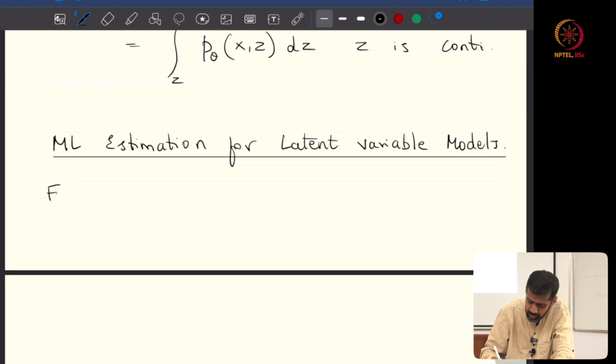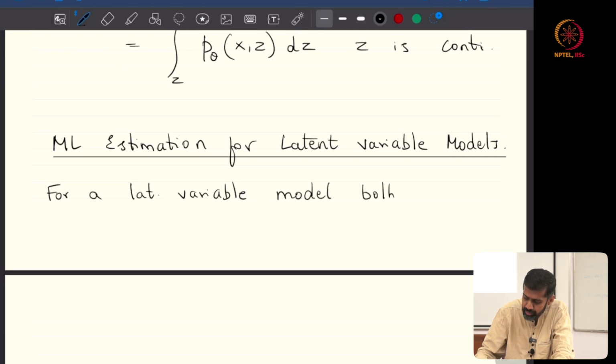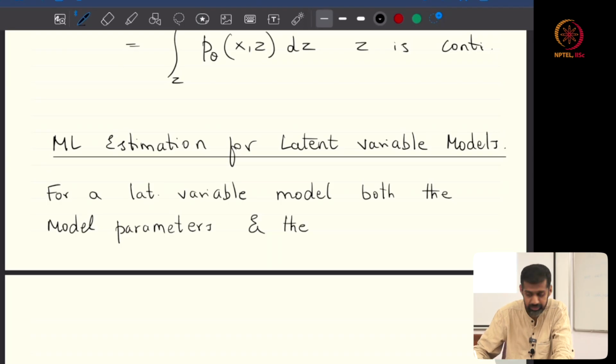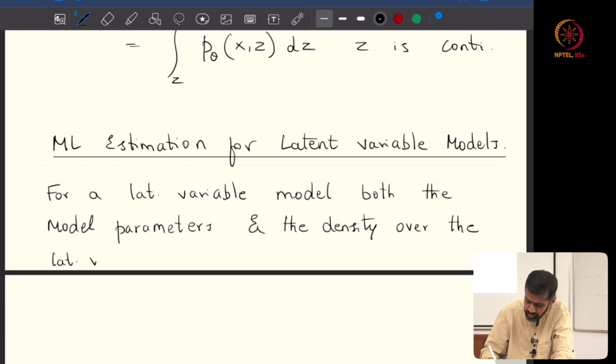For a latent variable model, both the model parameters and the density over Z, the latent variable, need to be estimated.